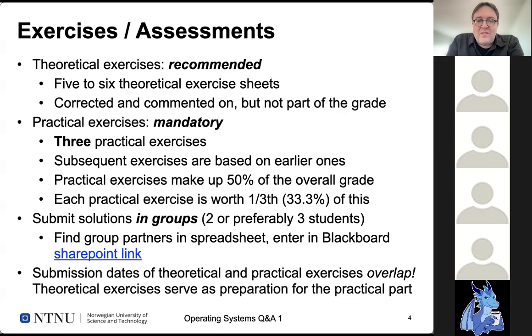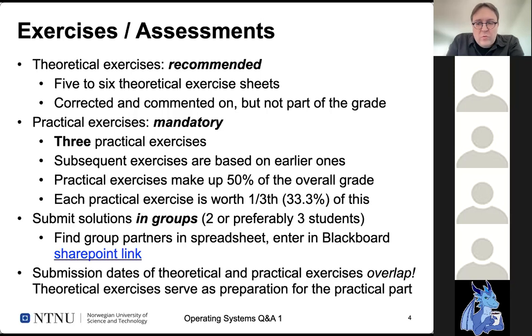The practical exercises will be corrected and graded, and you will get feedback and comments. The practical exercises make up half of the overall grade. So each practical exercise is worth 1/3 of the half of the overall grade, or 1/6 of the final grade.